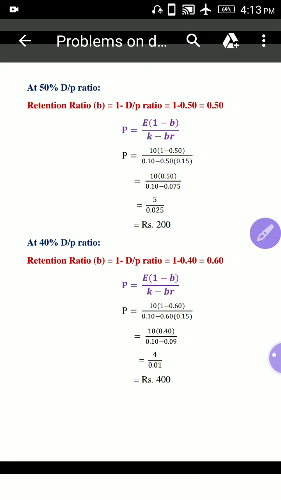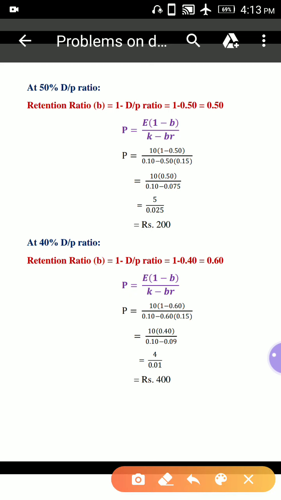Now here 10 into 1 minus 0.60, that is 0.40, divided by 0.10 minus 0.60 into 0.15, that is equal to 0.09.